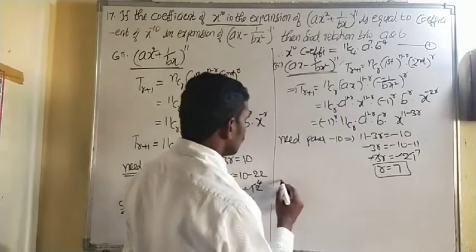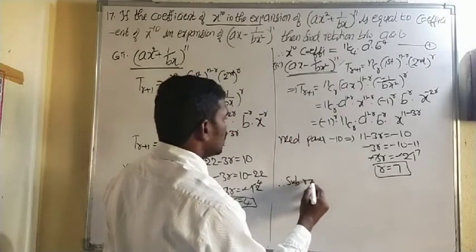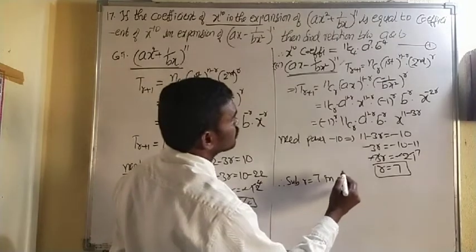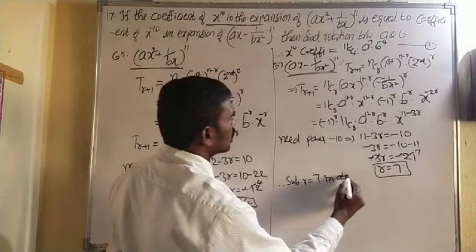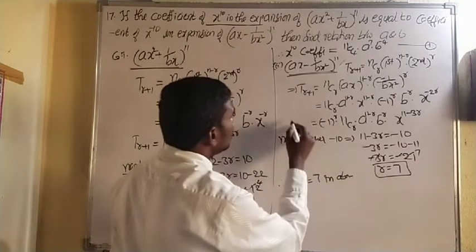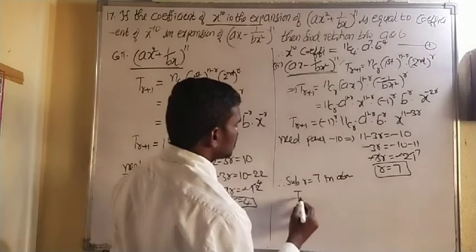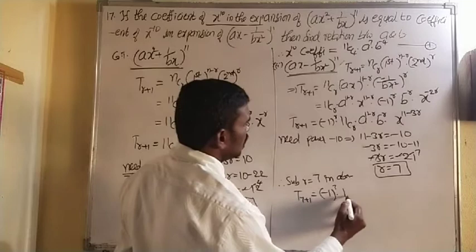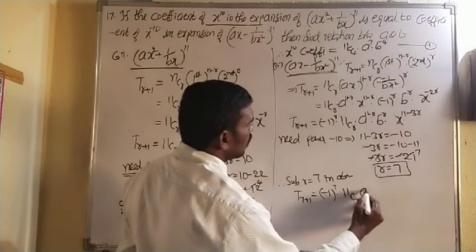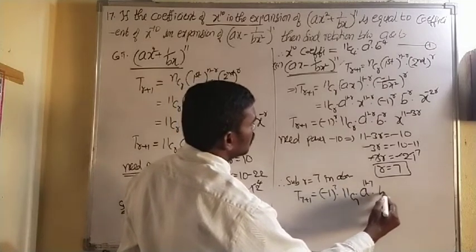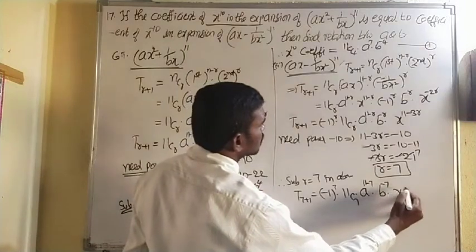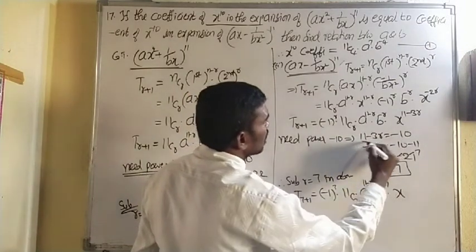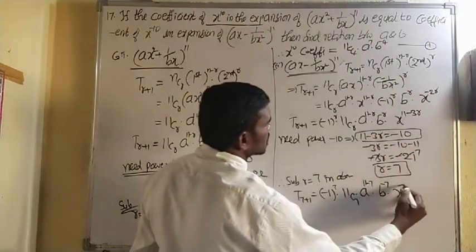Therefore substitute r equal to 7 in the above term. T(7+1) equals minus 1 power 7 into 11C7 into a power 11 minus 7 into b power minus 7 into x power 11 minus 3r, which is minus 10.